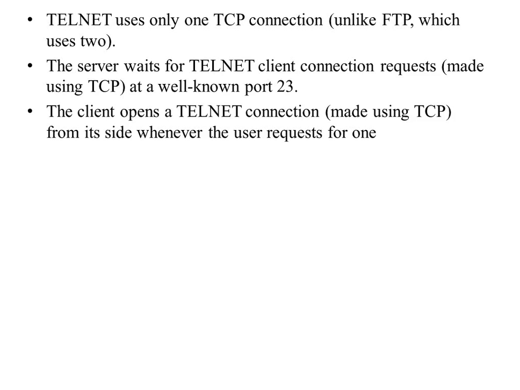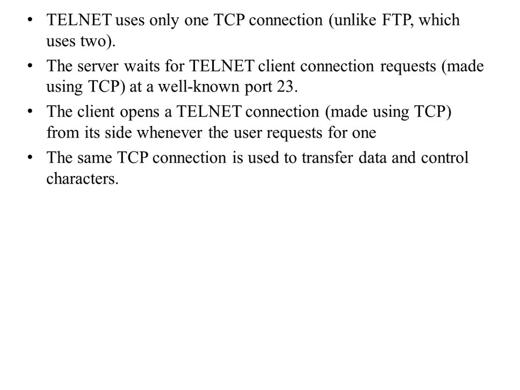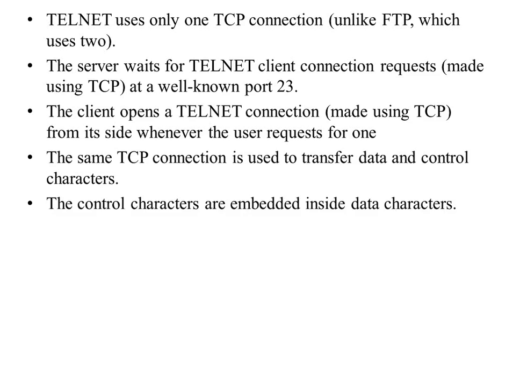Then the client opens the Telnet connection from its side whenever the user requests it. The same TCP connection is used to transfer the data as well as control characters, and the control characters are embedded in the data characters themselves.